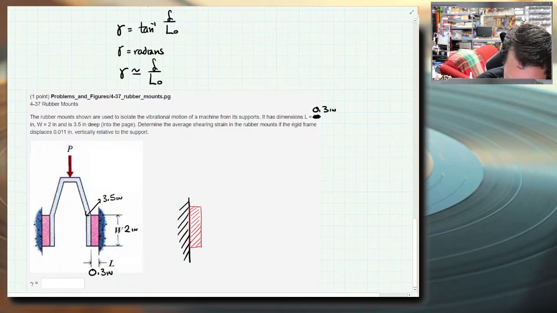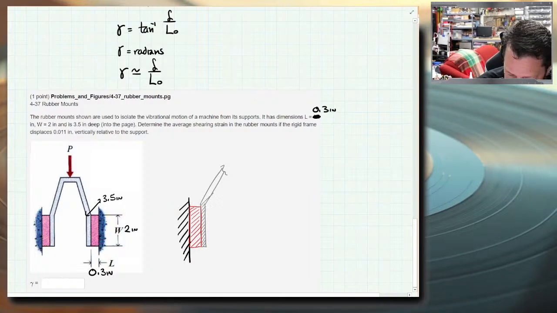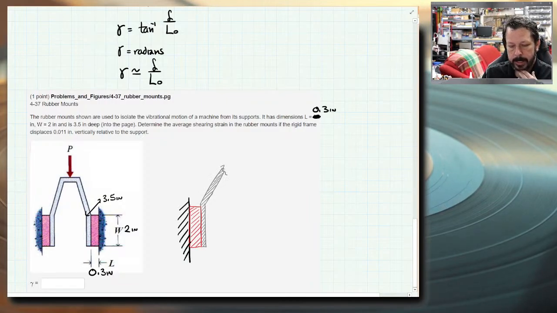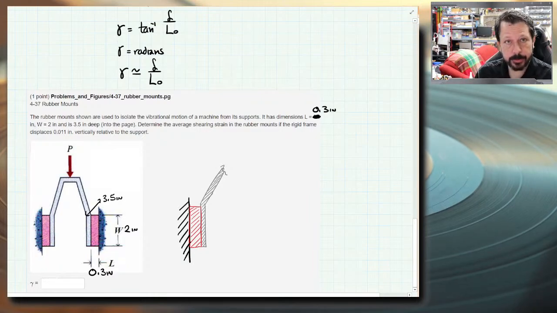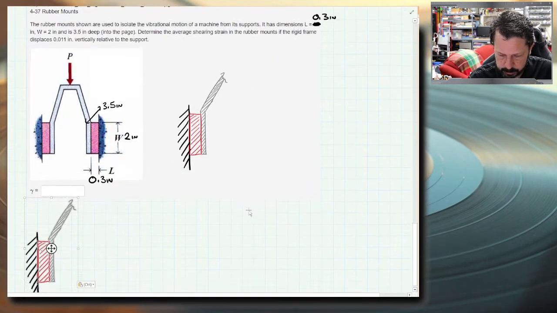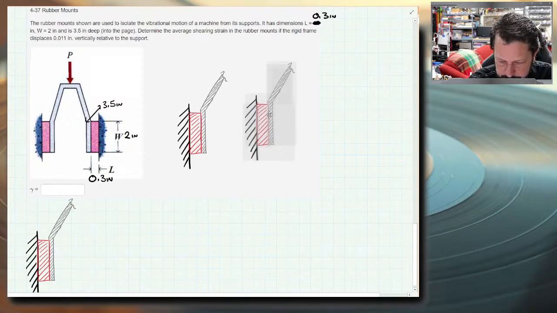We have this frame of some sort that is mounted, glued, I guess, to the rubber pad, and this frame can move up and down and skew the pad. So this is the initial condition, and then let's copy it and just put it beside it.